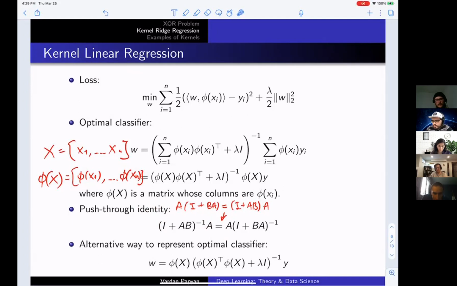Why is it called a push-through identity? Does anyone know? Does this evoke any push-throughs in your mind? Do you see what's being pushed? It's a beautiful name, I must say. When you have an identity, the number one thing is give it a good name.